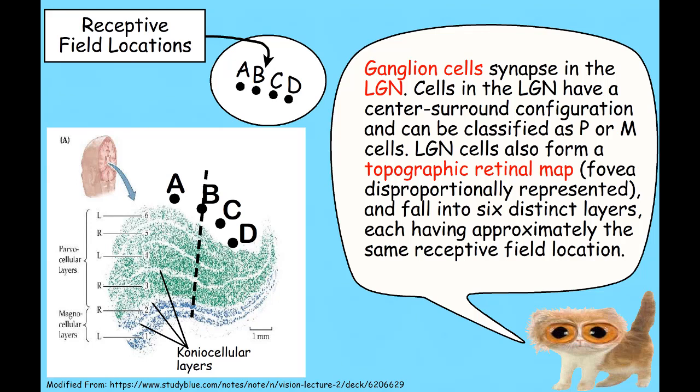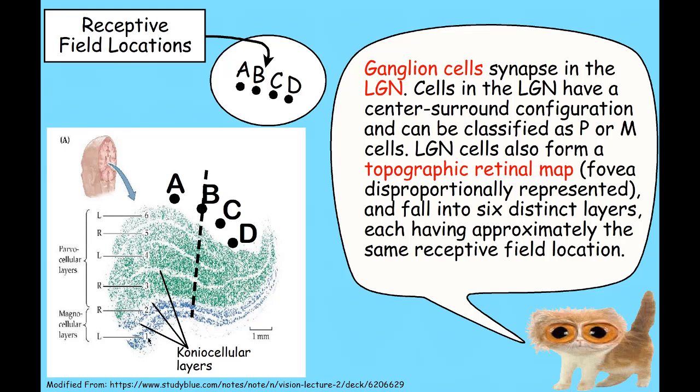And the lateral geniculate nucleus has center surround configuration cells, and they can be classified as either P cells or M cells or K cells, actually. And the lateral geniculate nucleus also forms a topographic retinal map where the fovea is disproportionately represented. And in fact, this is significant.